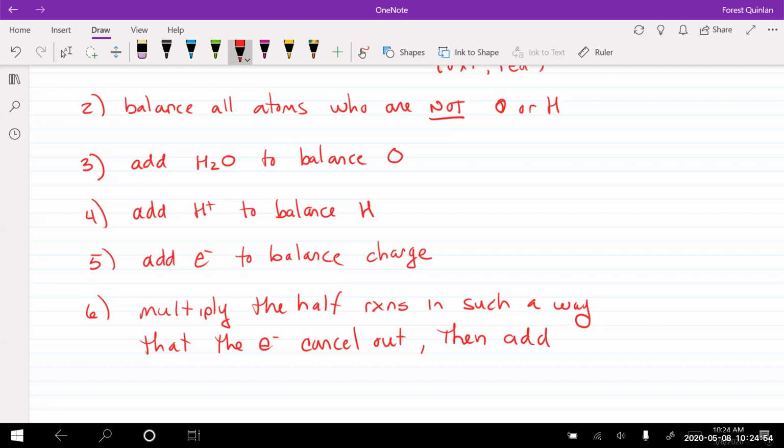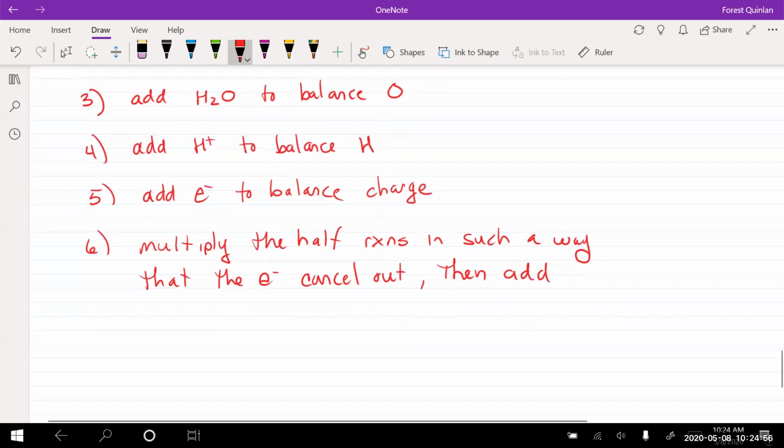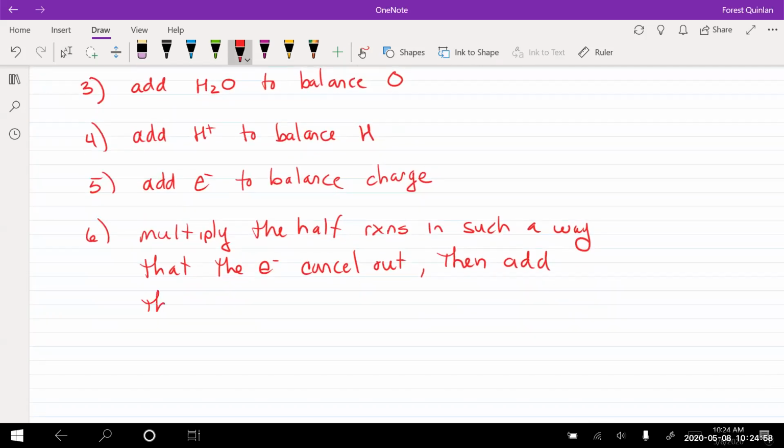Then add the reactions together to rebuild the overall reaction.